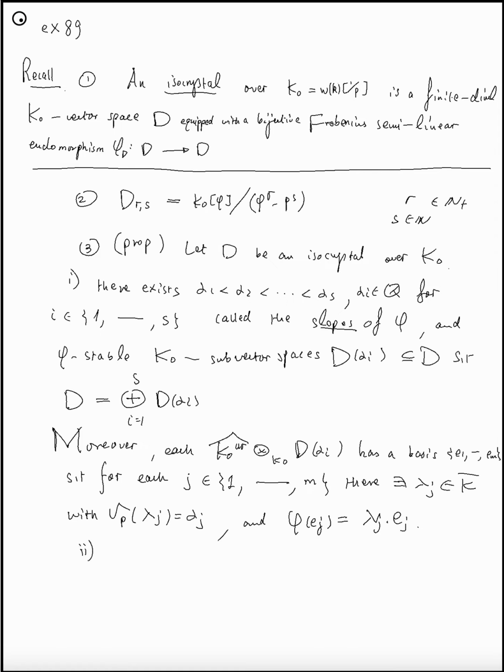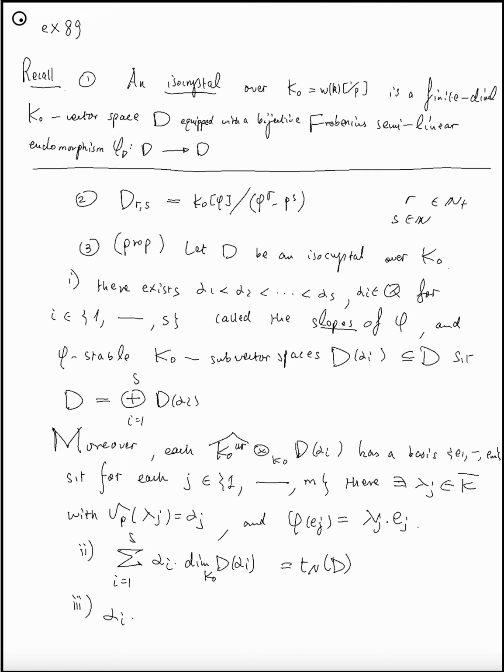Secondly, the summation of all those alpha_i times dimension of D_{alpha_i} as K0 subvector space equals the Hodge number, the Newton number of isocrystal D.